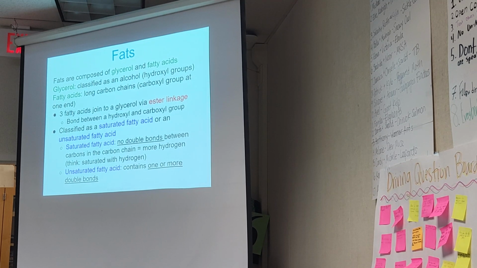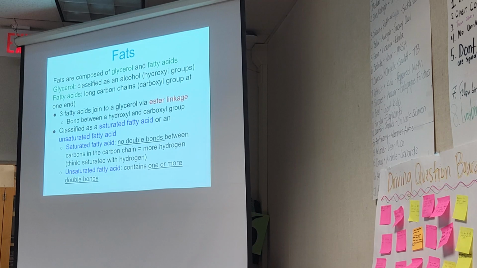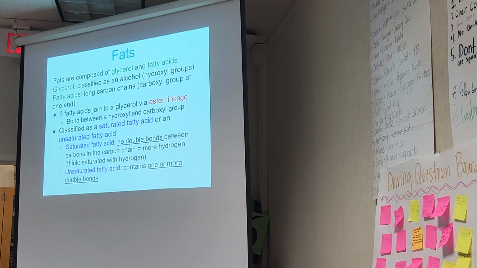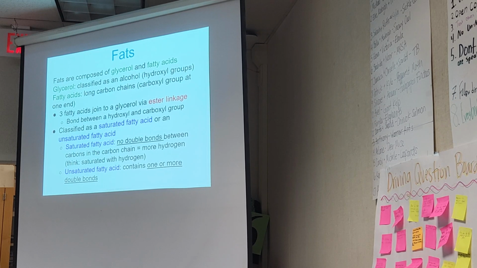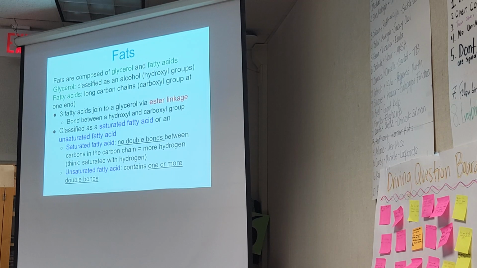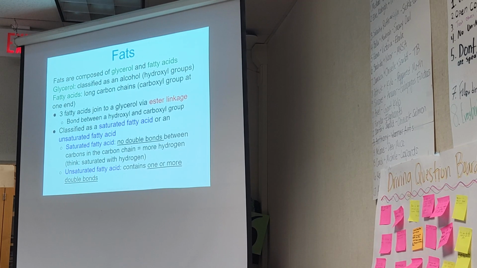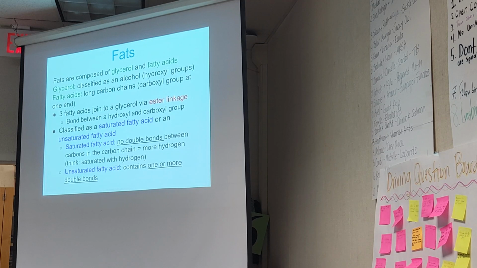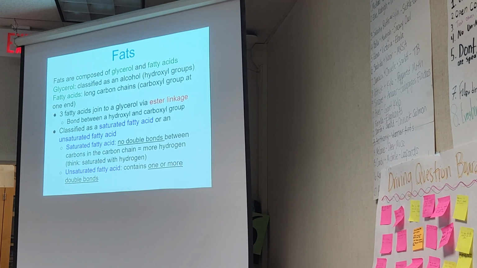Unsaturated fatty acids tend to be liquid at room temperature. What are some fats that you know of that are liquid at room temperature? Avocado oil. Mayonnaise, again an emulsification, where you mix things together.